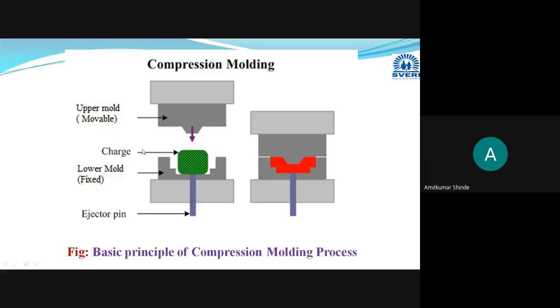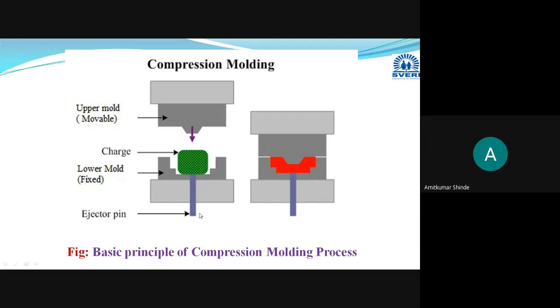Then ejector pins are provided by making holes, to remove the component from the mold at the end of the process.